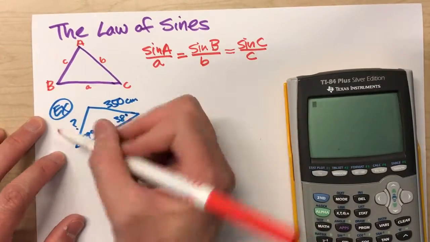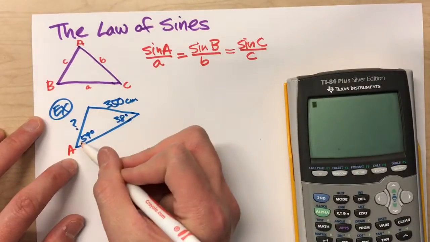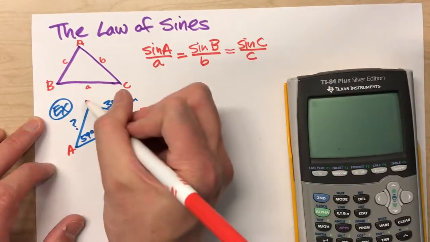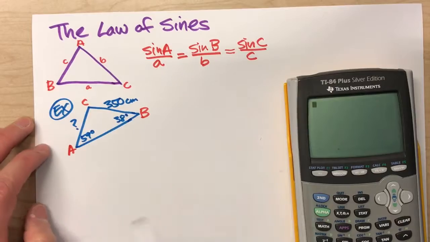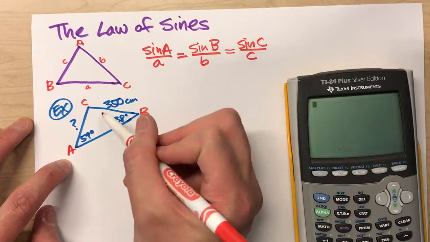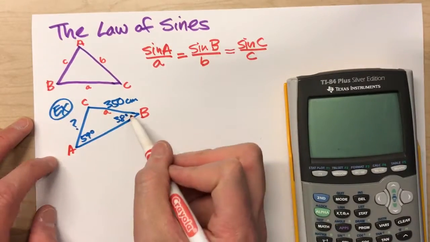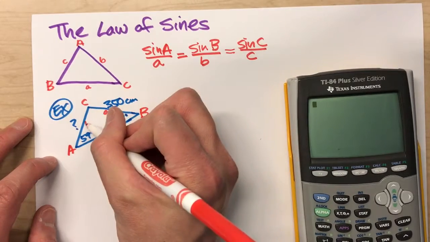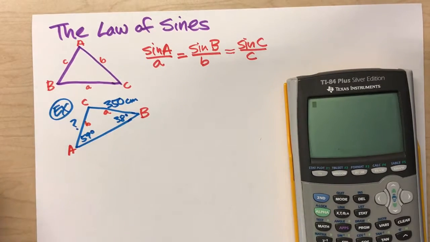I have a problem involving two angles and two side lengths, and that's perfect for the law of sines. So, first thing I'm going to do, label my angles. I'll call this A, I'll call this B, which makes this angle C. And the side across from angle A is little a. The side across from angle B is little b. Now I can set up an equation for this.